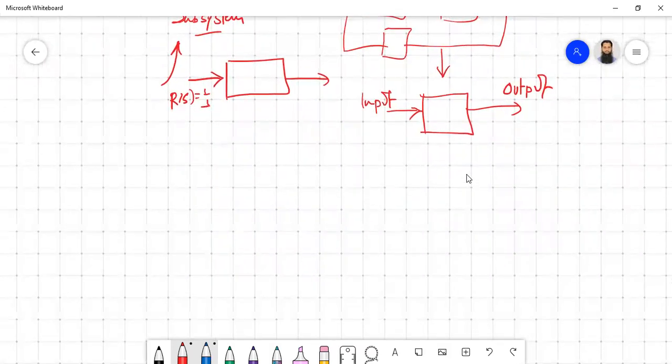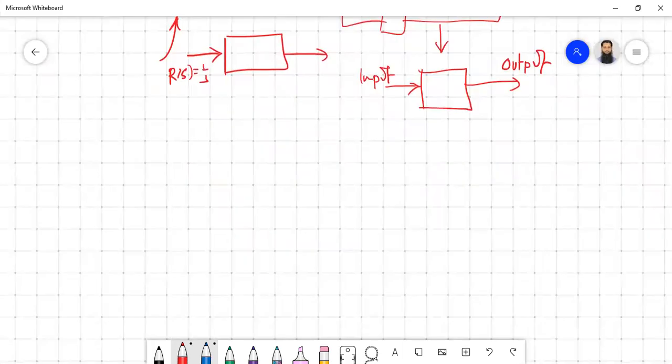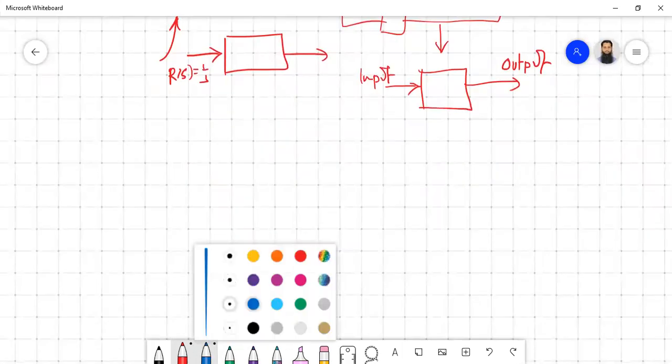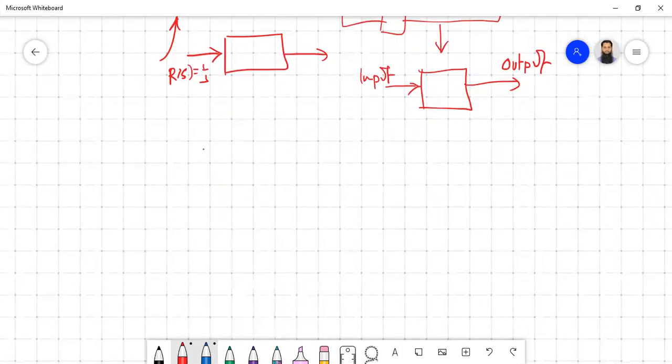That can be done in two ways. The first method is known as block diagram, or it can be done using signal flow graph.